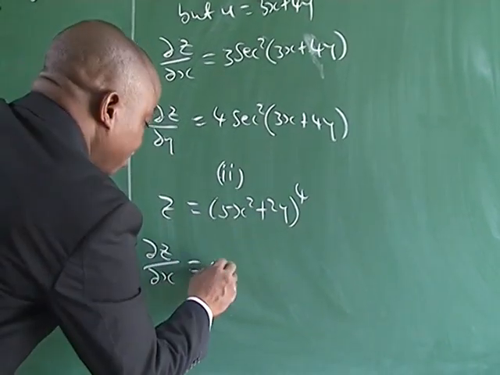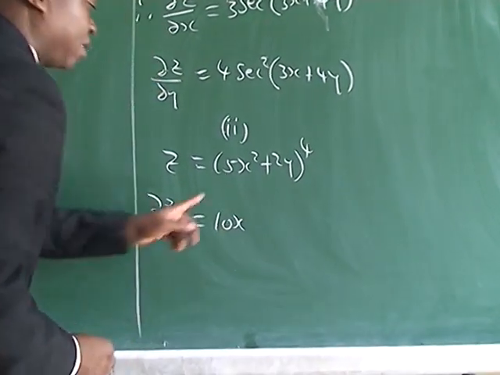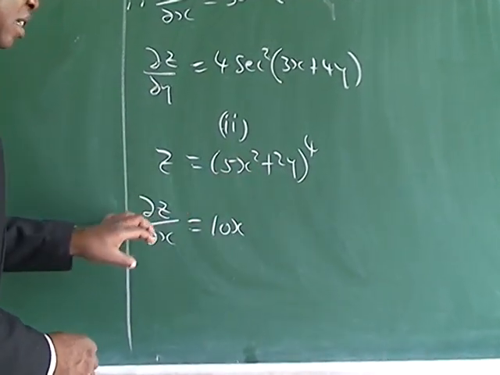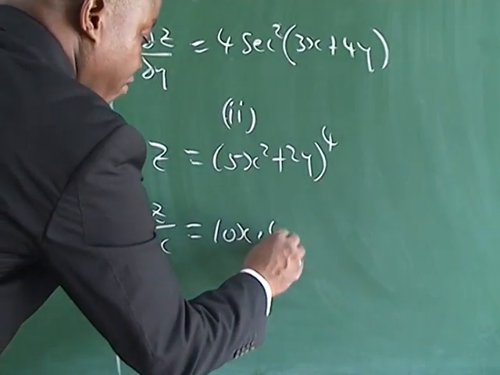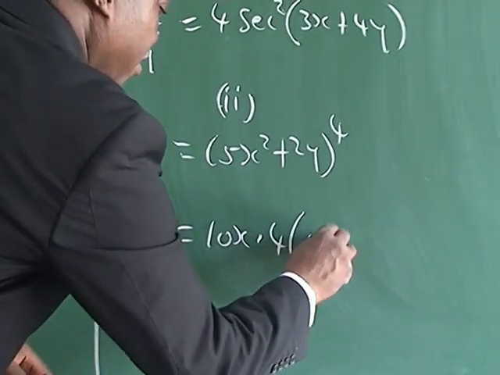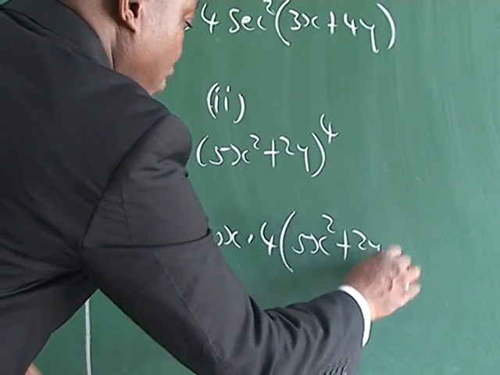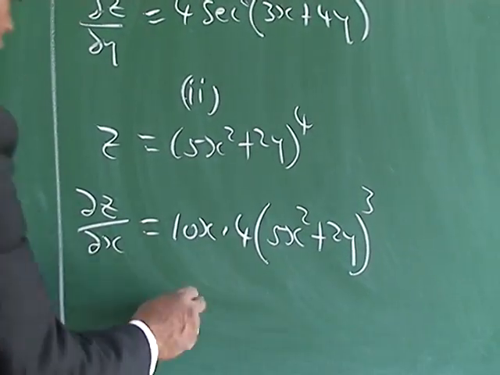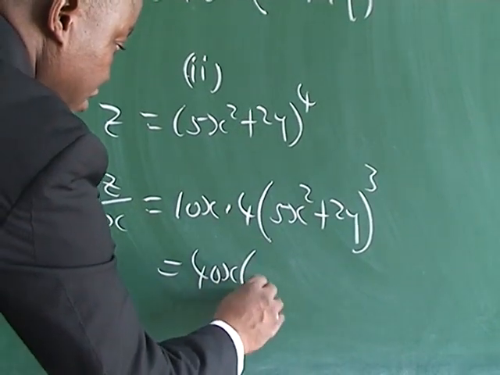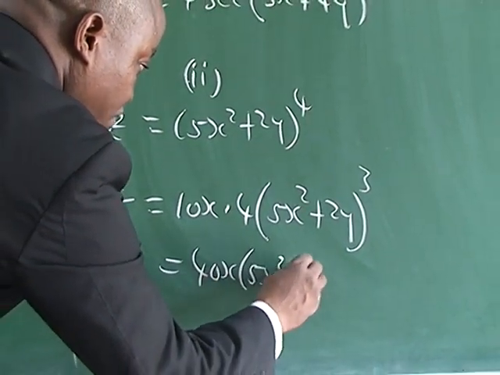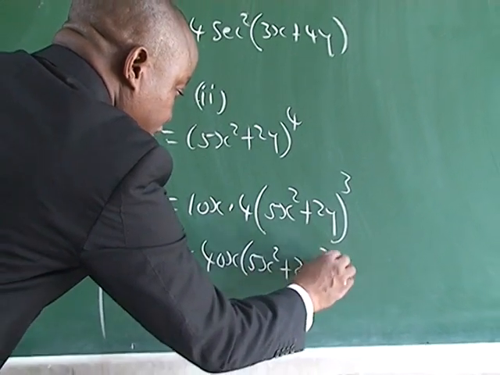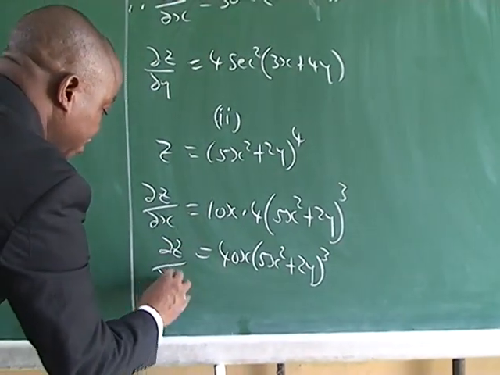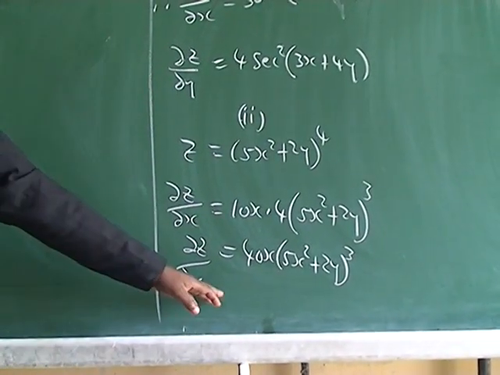And so we have 10x, because if I differentiate inside here, it's 10x, so bring it out, times 4. Then we have 5x squared plus 2y reduced to the power 3. Now, times these two, we have 40x, and then we have 5x squared plus 2y raised to the power 3. That is partial z partial x. It's very simple to deal with.